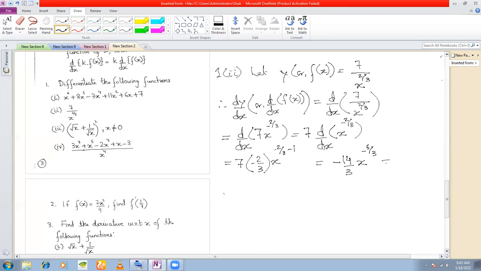Or you can modify this and write this with a positive power, 14 by 3x to the power of 5 by 3, because the question is given in a positive power. You write the answer also in a positive power. Okay, and that is the required answer. This is what we call the f dash x or d/dx f(x) or dy/dx.